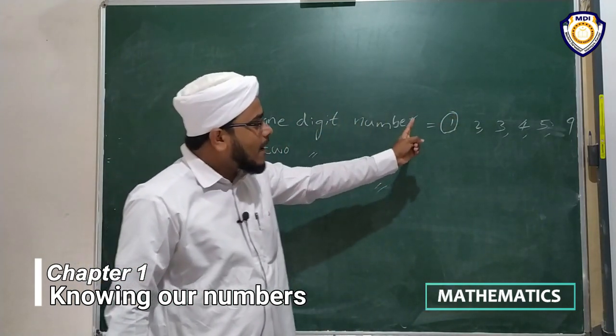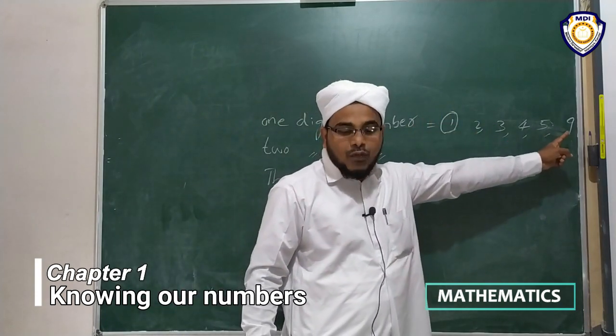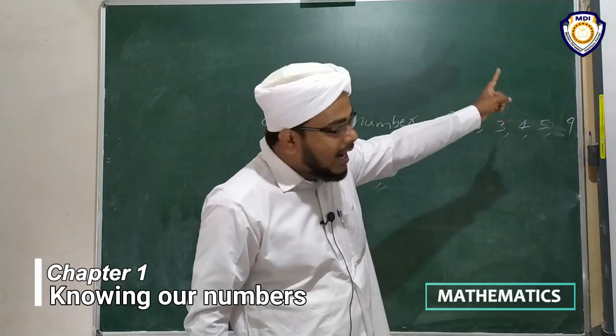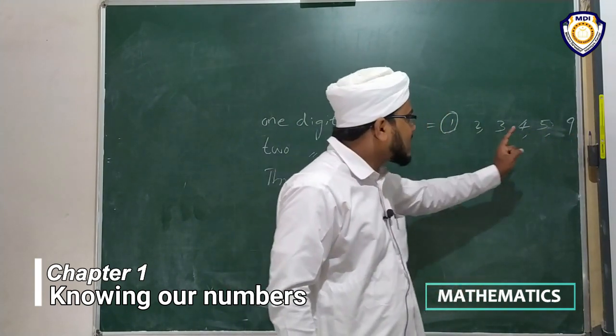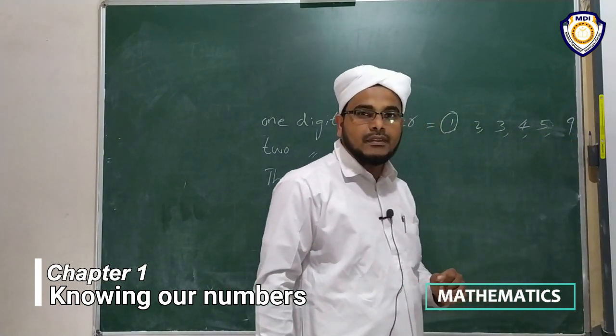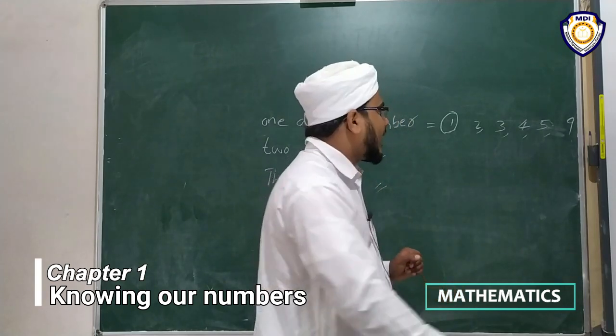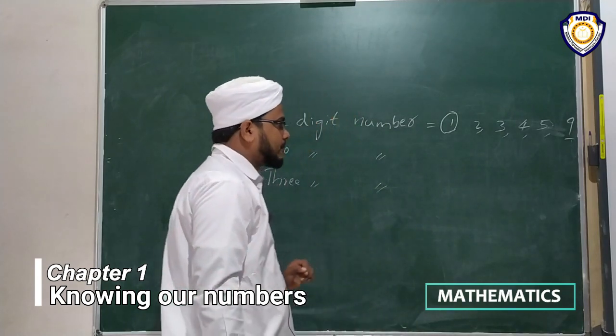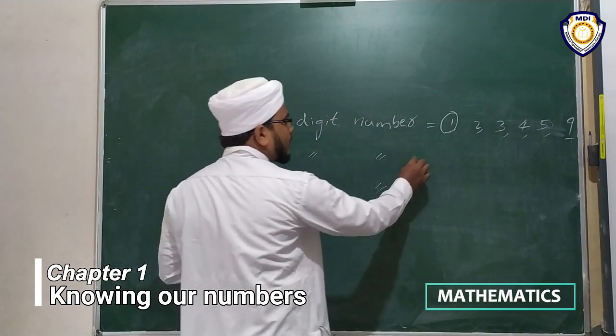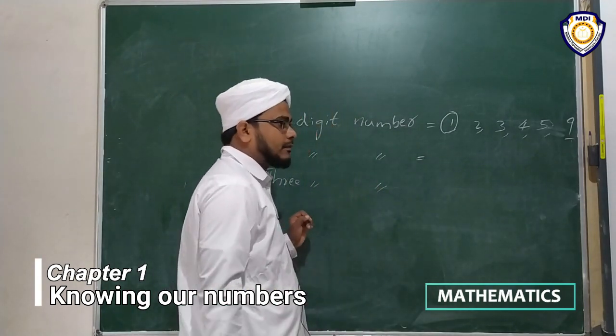Which is the biggest 1-digit number? Largest. Which is the largest 1-digit number? Yes, sure. 9. 9 is the largest 1-digit number. Then 2-digit numbers.